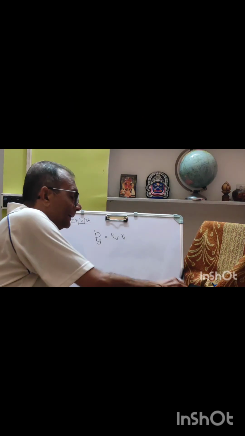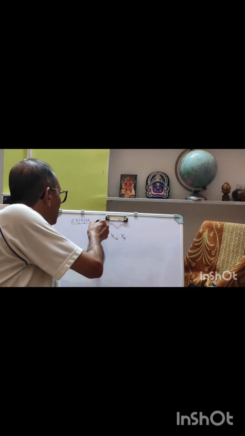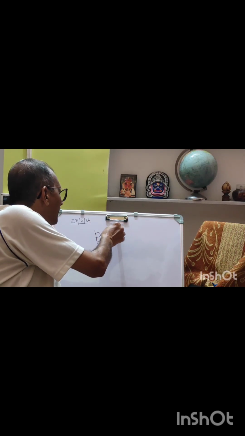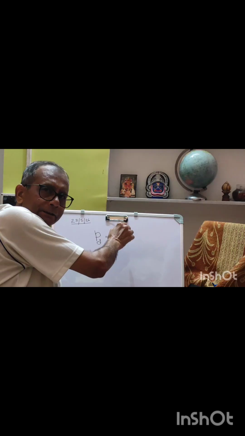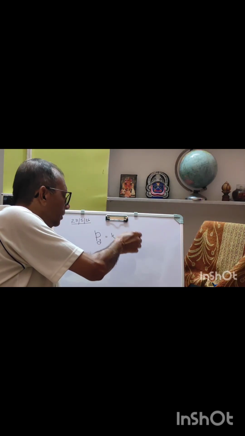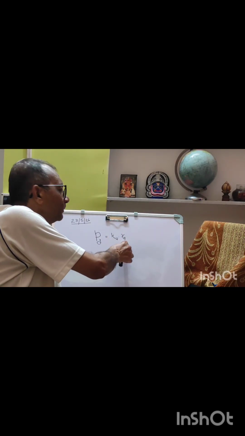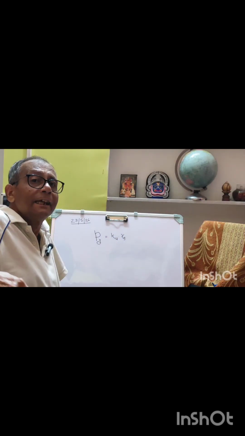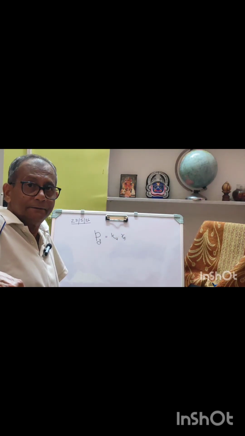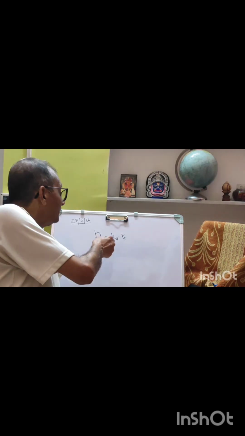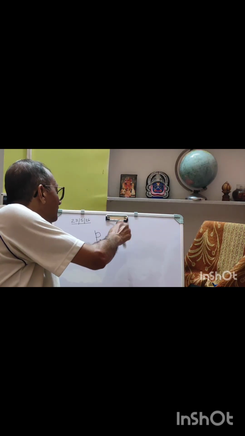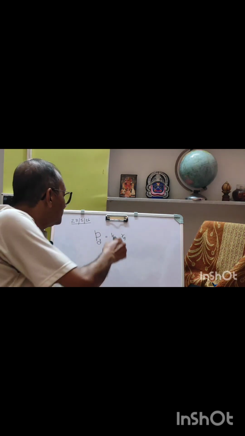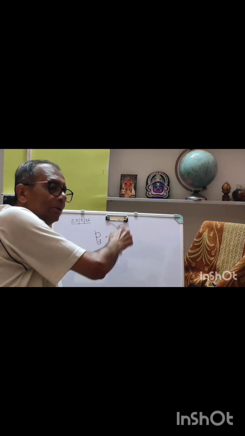So according to that law, the pressure of the gas P on the solution and the fraction of molecules soluble in the solution are directly proportional, and the proportionality constant is KH, which is known as Henry's proportionality constant. So from this you can understand, once you increase the pressure, more soluble will be the gas. Once you decrease the pressure, the solubility will be reduced.